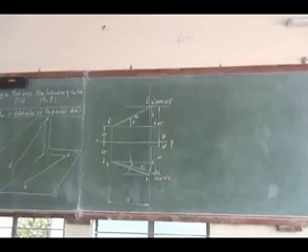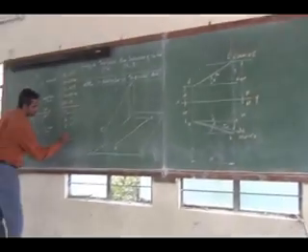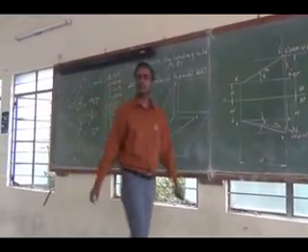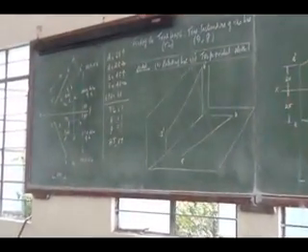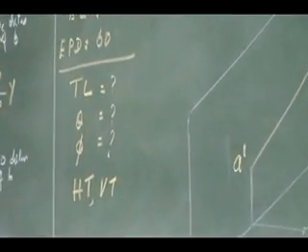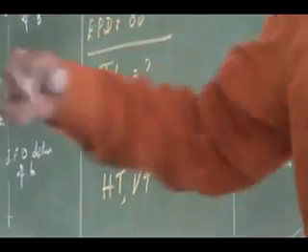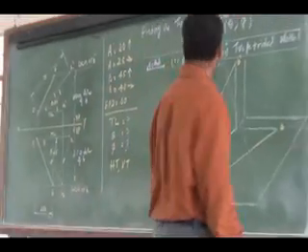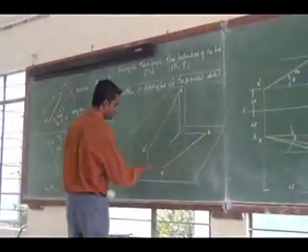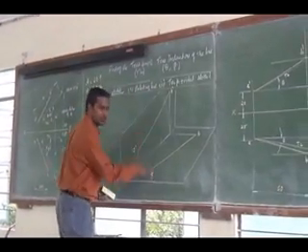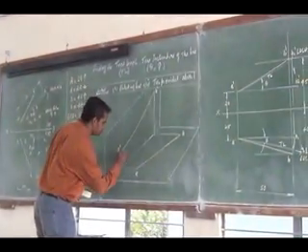How to mark the traces HT, VT? How can I mark HT? HT is the point of intersection of the straight line with the horizontal plane. So how can I proceed? Suppose this is the projection I have drawn in this 3D one.